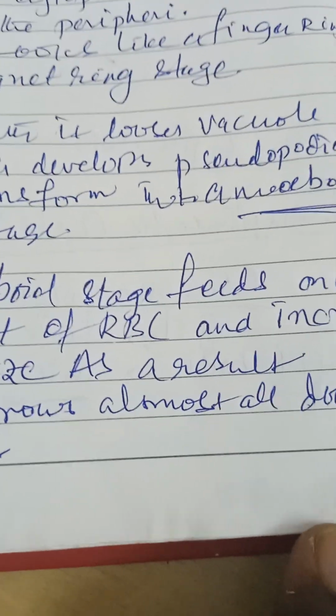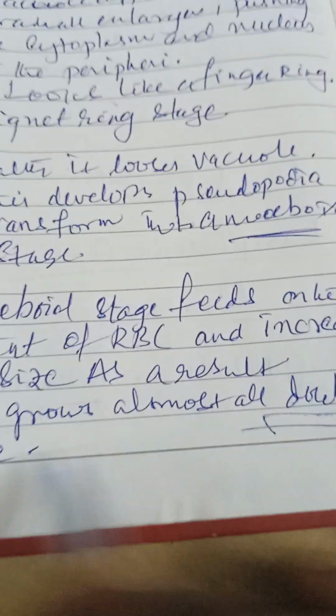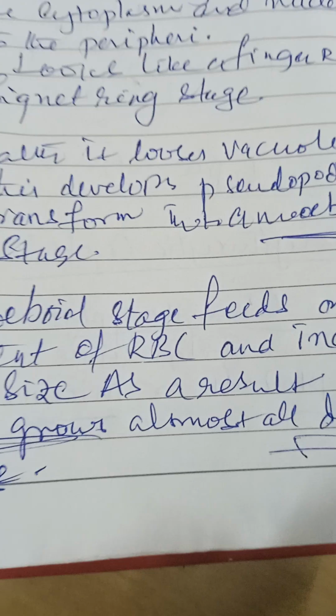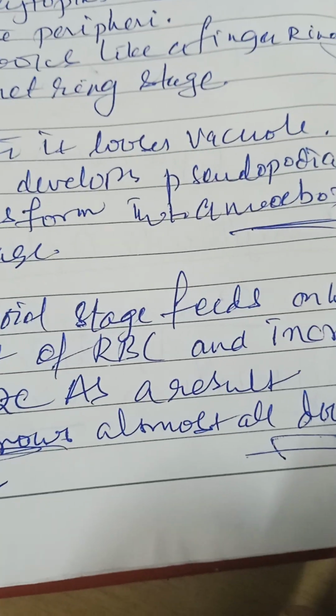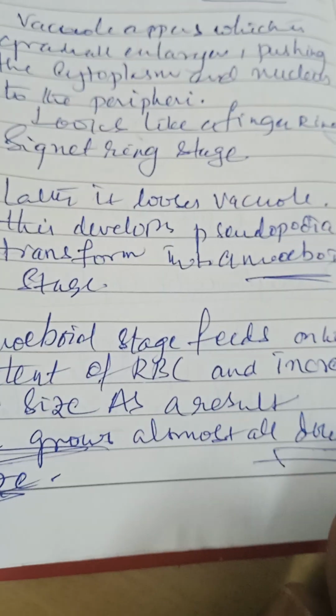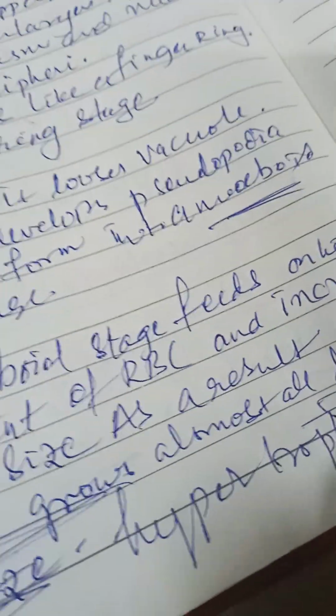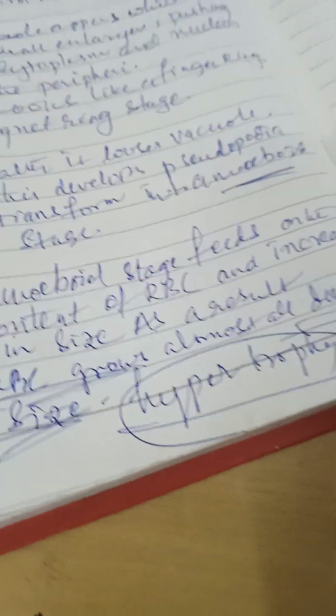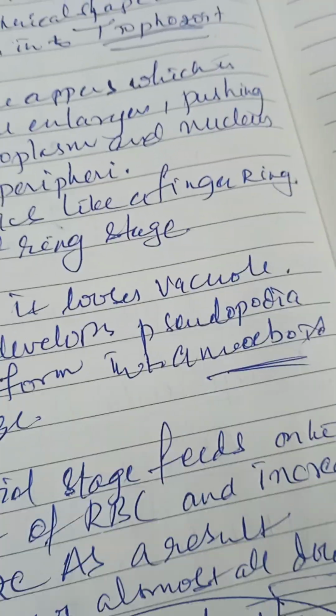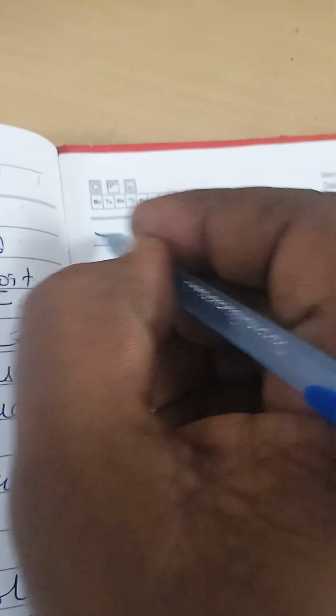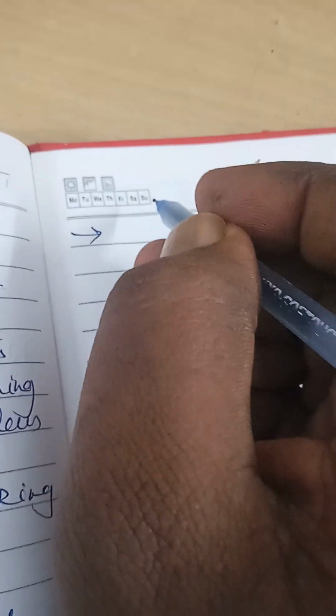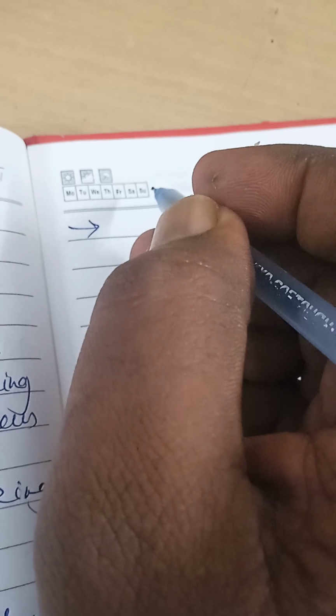As a result the RBC grows almost double, because the parasite settles in the RBC. That's why it grows in size. This process is called hypertrophy. What is hypertrophy? Increasing the RBC size based on the development of the parasite. This is called hypertrophy, right?